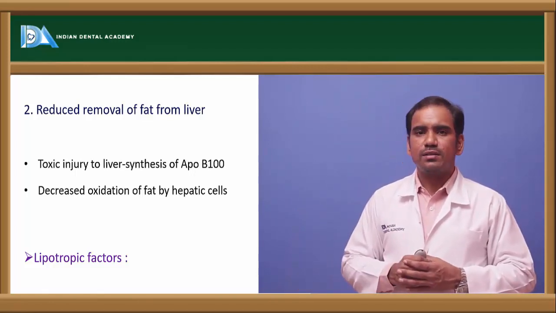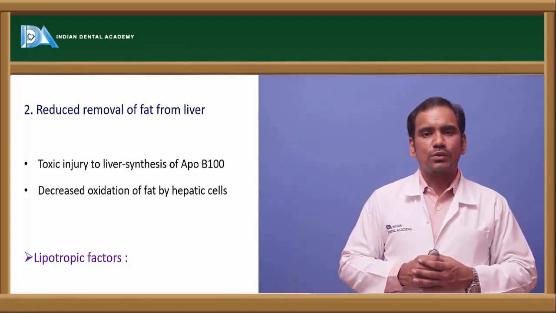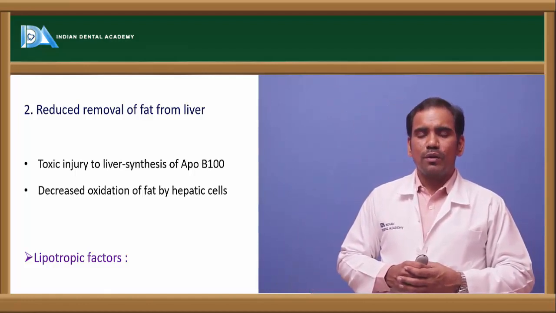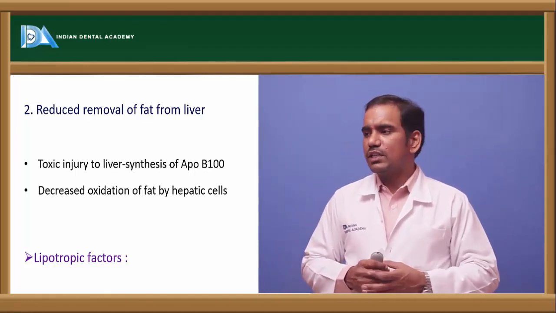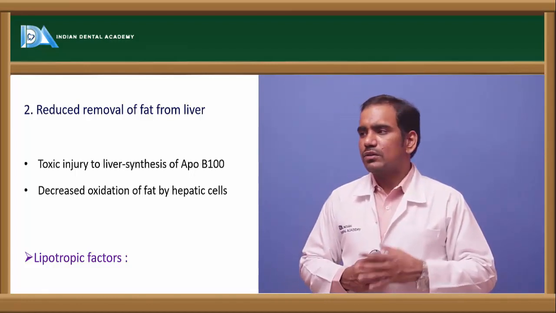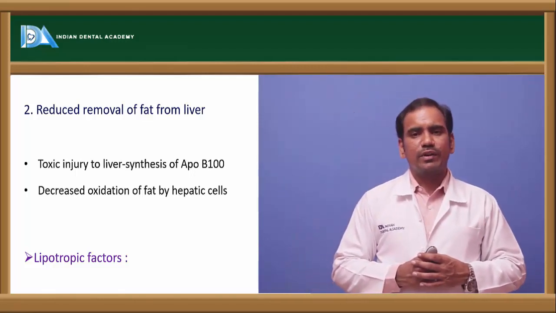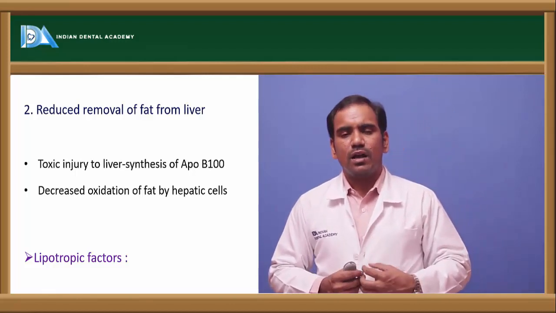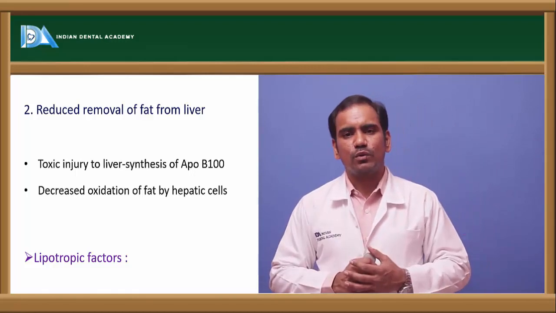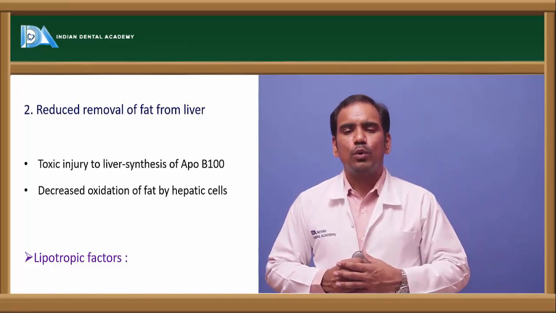The second reason is decreased oxidation of fat by the hepatocytes. That also leads to fatty liver. Whenever these two conditions occur, it leads to increased accumulation of fat in the liver. There are some important factors which prevent the accumulation of fat in the liver, or which increase the mobilization of fat from the liver. Those factors we call lipotrophic factors.